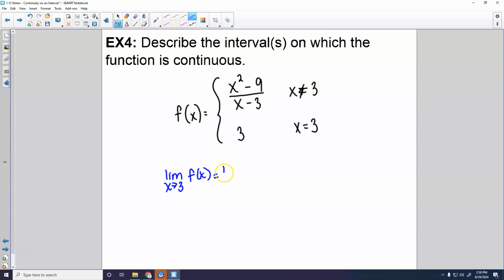So I would just do the limit as x approaches 3 of, I'm going to go ahead and factor this. Is that all right with you guys? x plus 3, x minus 3 in the top over x minus 3. And then my x minus 3's are going to cancel, and I will get 3 plus 3, which will give me 6.